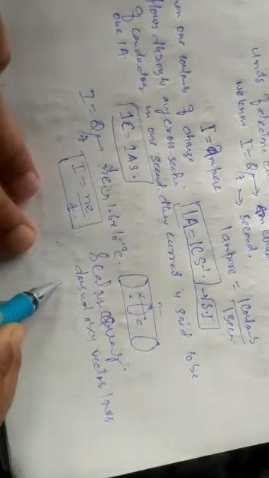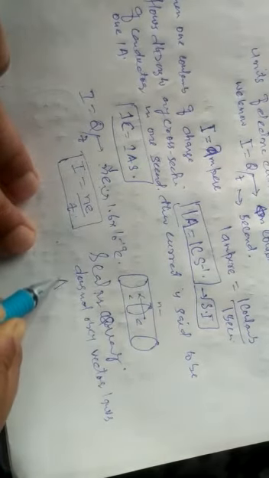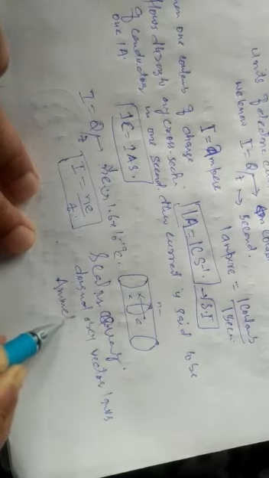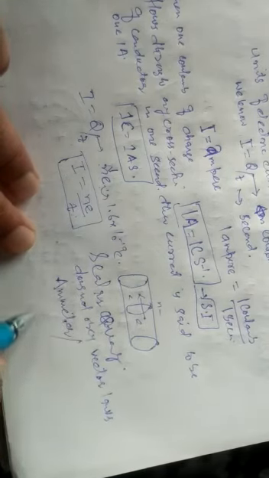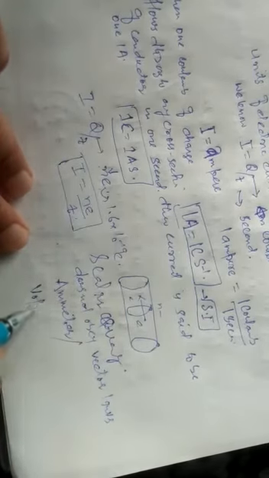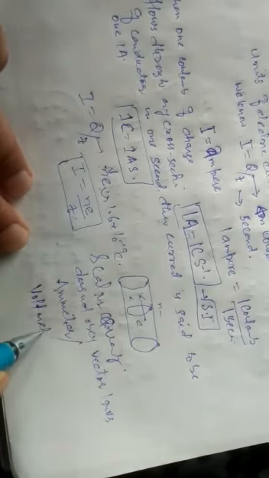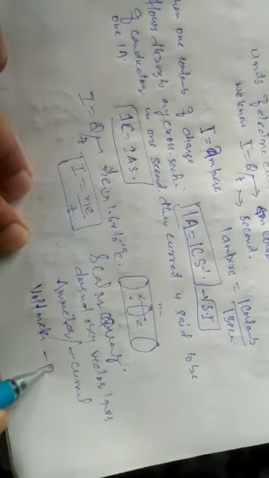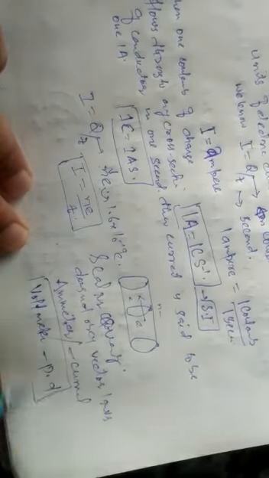And you have to understand that it is measured with a device called an ammeter, as potential difference is measured with a voltmeter. So current is measured with an ammeter and potential difference is measured with a voltmeter.